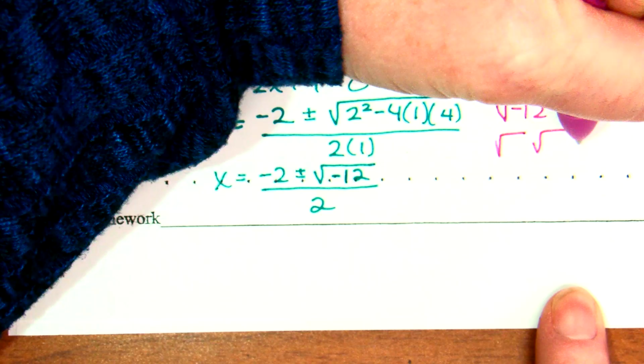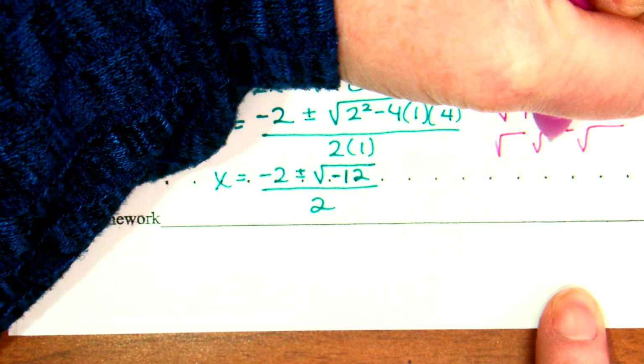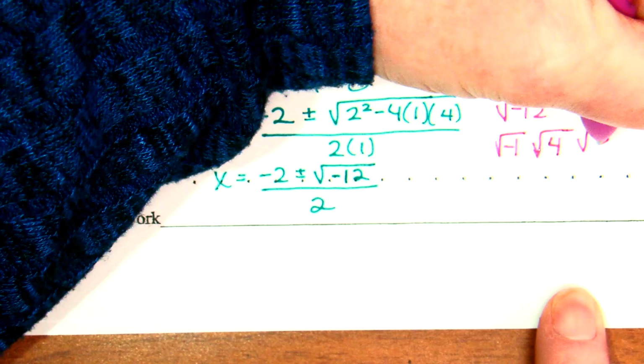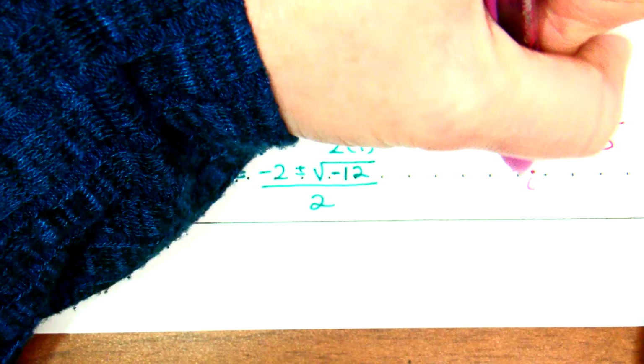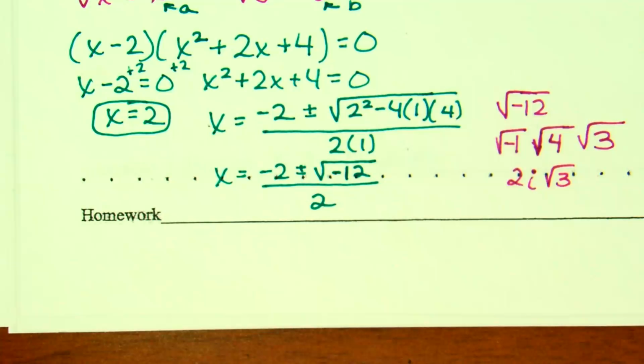So it's a negative 12, so we pull a negative 1 out, which is going to be an i. The square root of 4 is 2, so 2i, and the square root of 3 stays square root of 3. Okay, so negative 2 plus or minus 2i square root of 3 all over 2.